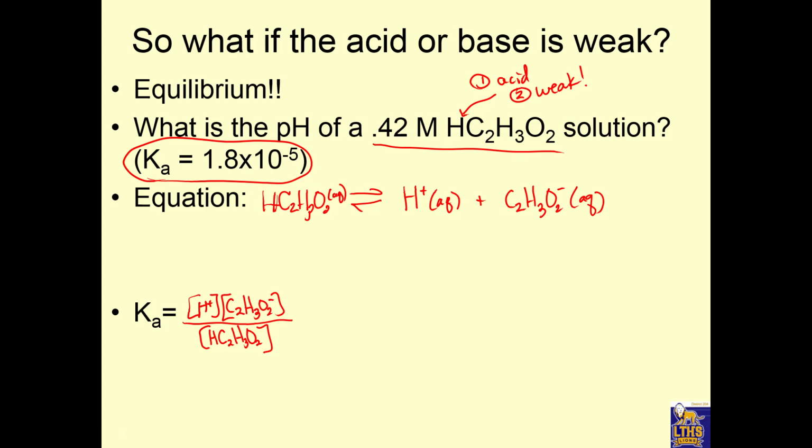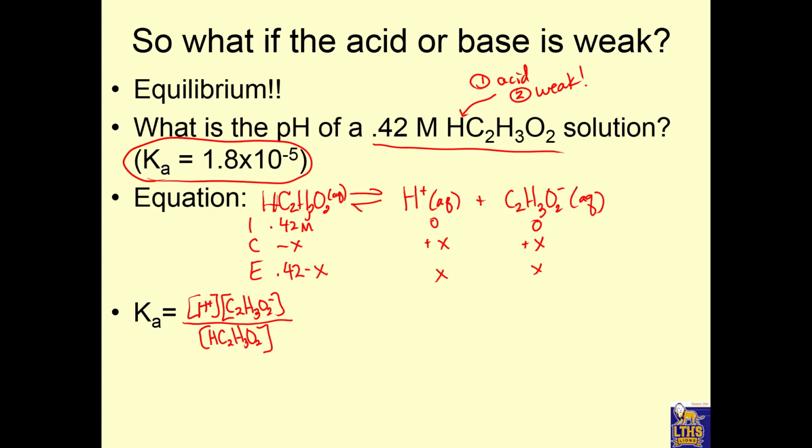Okay. So if we start out initially 0.42 molar of this, we have none of that, none of that. That's going to change because some of that's going to dissociate. So at equilibrium, 0.42 minus x is going to give us x of that and x of that. Okay, why? What is x going to be?